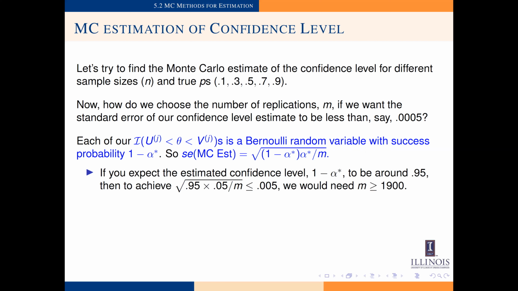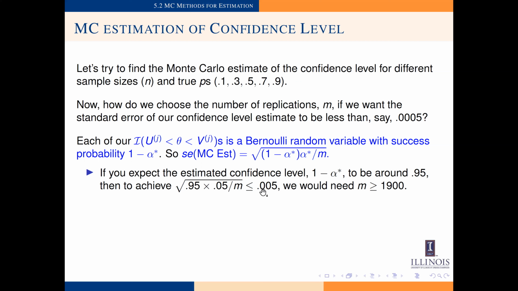So you can see that here the standard error will depend on the true 1 minus alpha star that we are trying to estimate. If you expect the confidence level 1 minus alpha star to be around 0.95, then you can plug 0.95 into this equation and find the M value that will achieve a standard error below 0.0005.